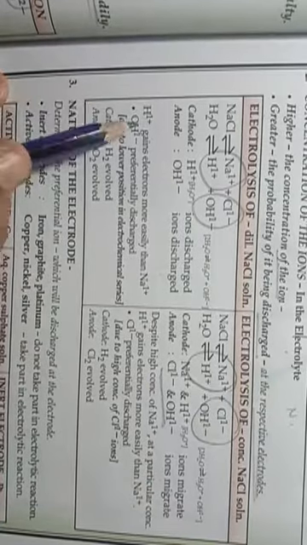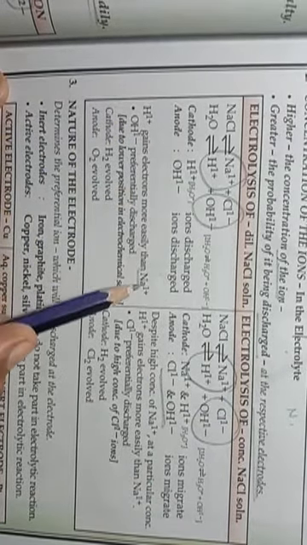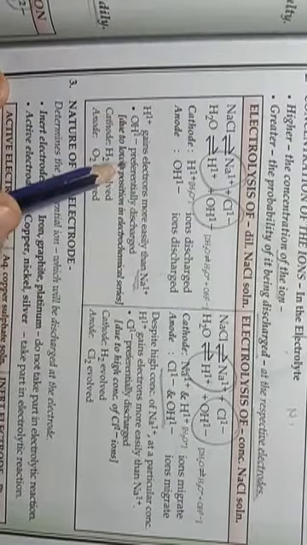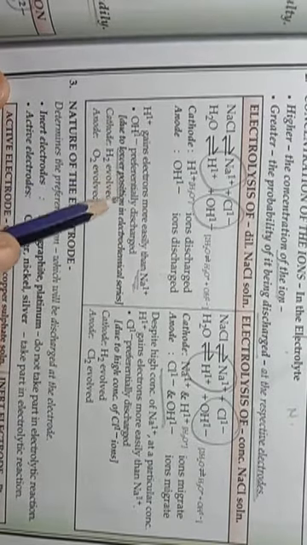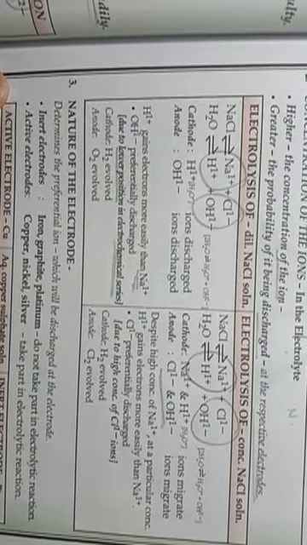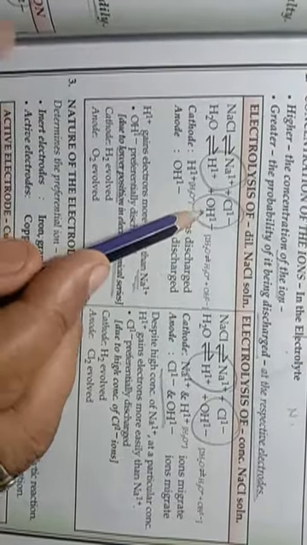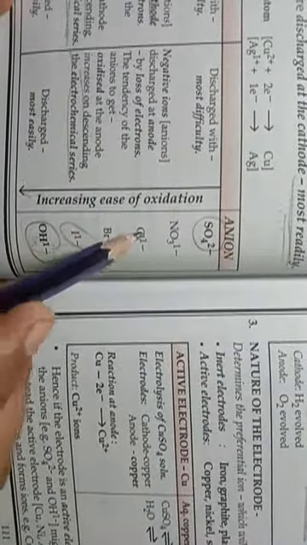Now what will happen here? H plus gains electrons more easily than Na plus ion. OH minus ion is preferentially discharged due to its lower position in electrochemical series. Okay, so preferential discharge of OH minus ion because it is present at a lower position than the Cl minus in electrochemical series.